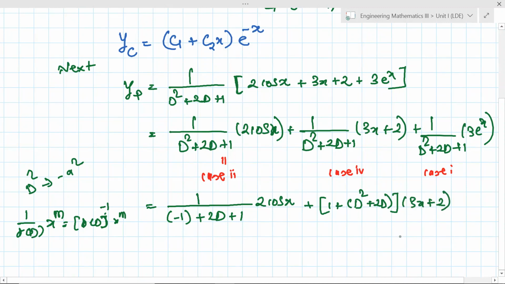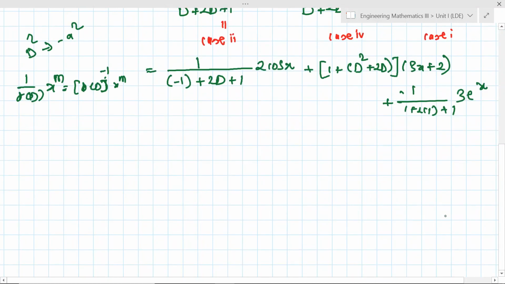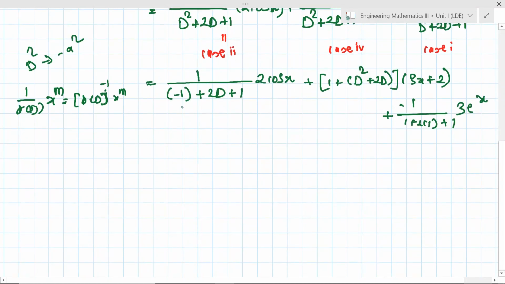Now the third part is very simple. Just replace D by a, where a is nothing but 1. So this is 1 upon 1 square plus 2 into 1 plus 1, into 3 e raised to x. This step is very important; we have applied all three cases here. Now minus 1 plus 1 get cancelled, so only 1 upon 2D is there.